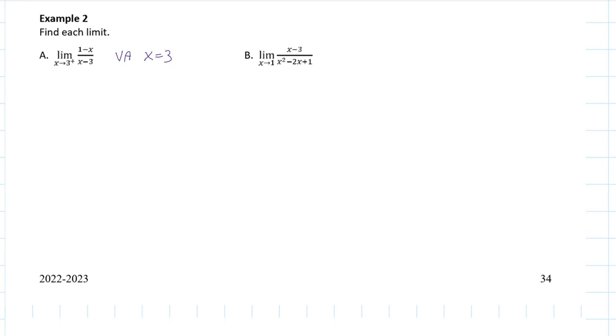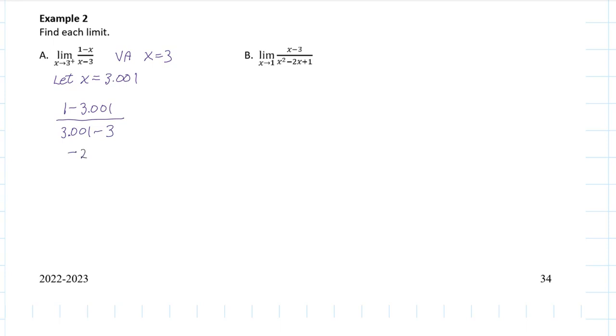So if there's a vertical asymptote at 3 and I want to go to the positive side, I'm going to let x equal, let's say, 3.001, and I'm going to plug it into the function. So plugging in, I would say 1 minus 3.001 all over 3.001 minus 3.